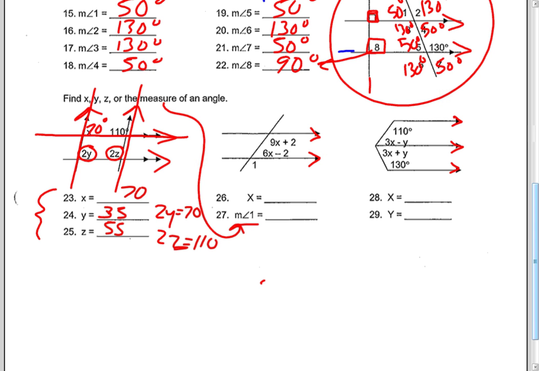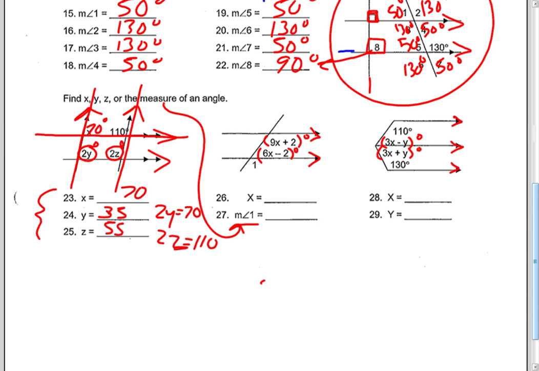Some things didn't come out on this smartboard file. There should be degree measures here, here, here, here. If you don't see the degree measure like that on your variables or your variable expression, you're dealing with a distance. So those should all have degree measures on them.